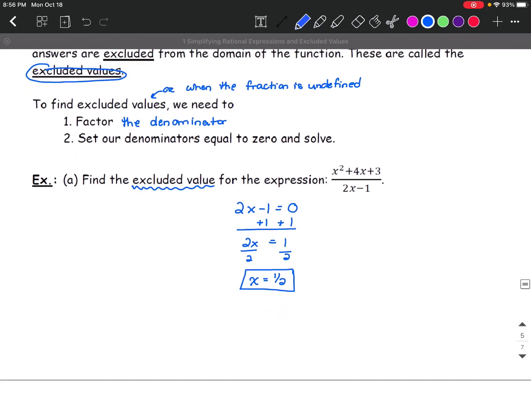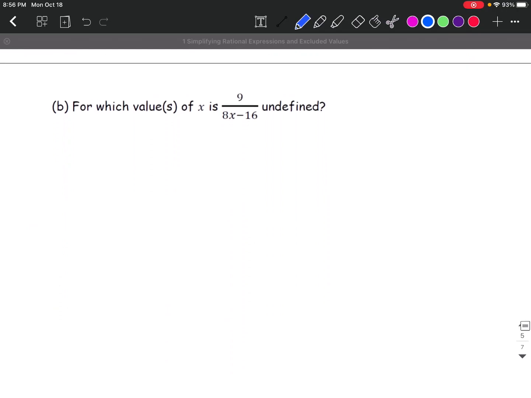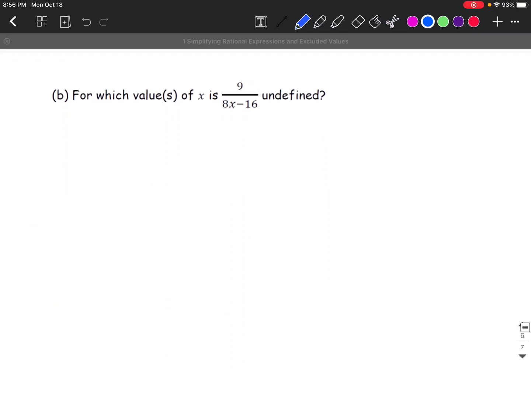Let's try another one. This time I'm asking for which value or values of x is that fraction 9 over 8x minus 16 undefined. So again, if I'm asking when the fraction is undefined, I take the denominator only and set it equal to 0. Now we're going to solve.